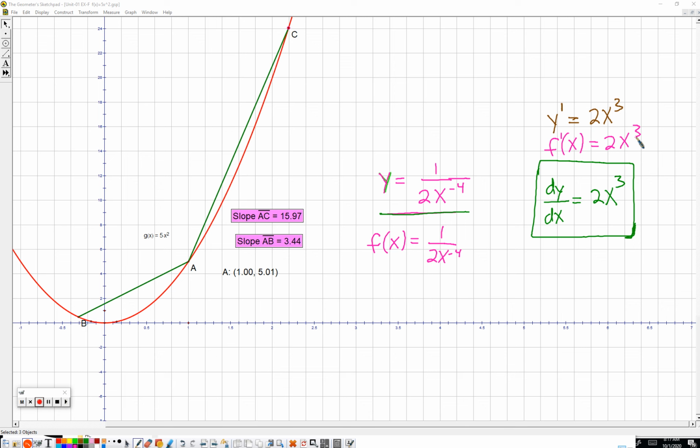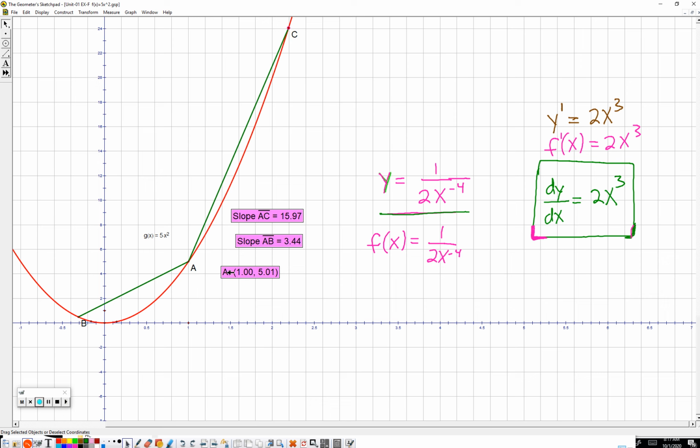What you need to realize is the way we actually calculate this dy/dx formula is we technically look at the graph and say, okay, I want to find the slope right here at that point.